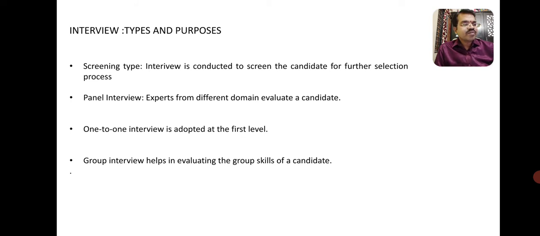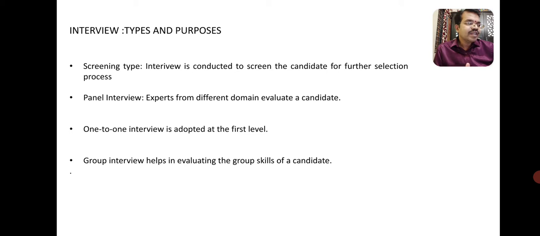Because if the candidate is not a team player, then the candidate cannot get along with his colleagues. Whenever there are certain projects which an organization, a company, sometimes the government sector gets, such projects must be satisfactorily done with the help of various team members.